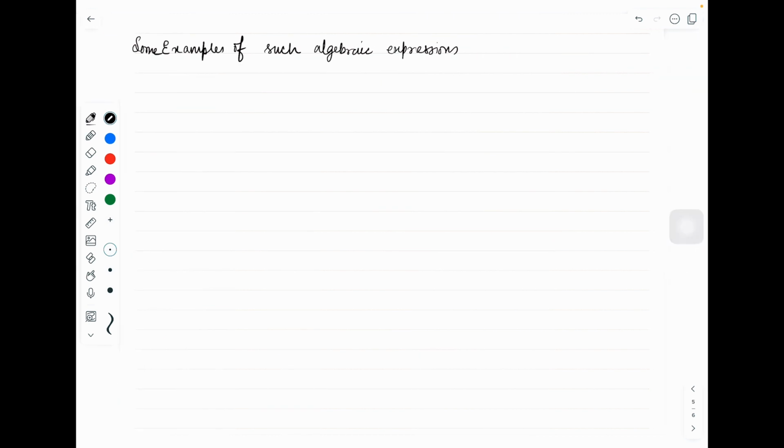But now you are seeing that x square is also an algebraic expression. So it can be x square, it can be 4x, it can be x square plus 4x, it can be x square plus 4x plus 2 also. It can be x cube plus 2x square plus 4x plus 8. So many algebraic expressions are there.